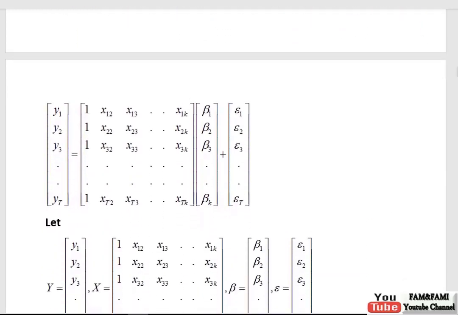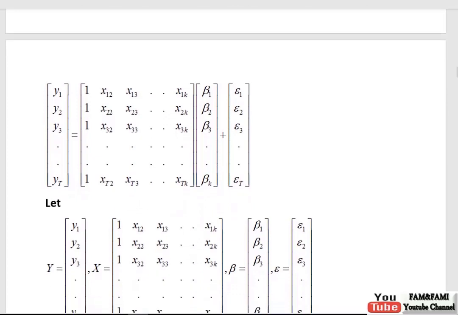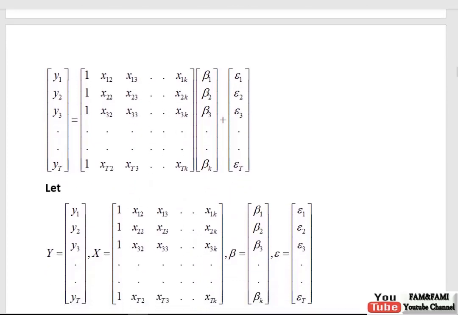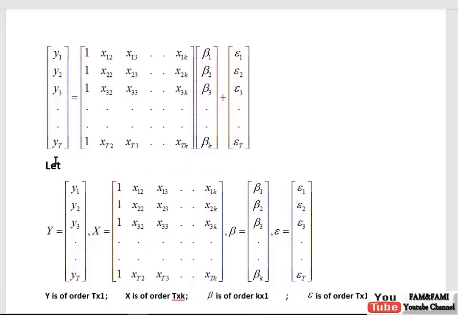So once we have derived this, the next step is to introduce a shorter notation instead of writing this whole vector containing values on y.